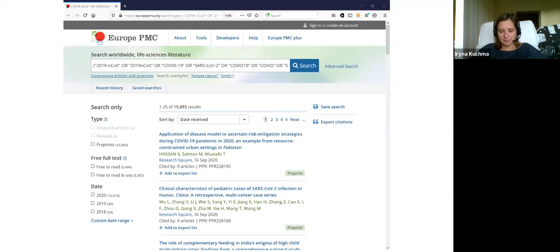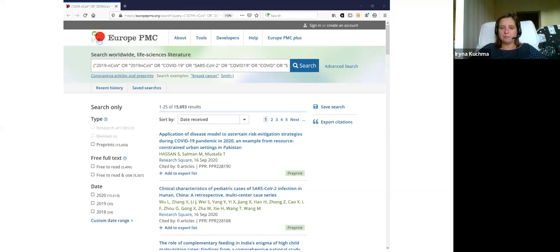And it was interesting that Europe PMC is a discipline-specific repository for life sciences, and in July this year, they started indexing preprints. So you can see an example of their COVID-19 collection, where they have over 15,000 preprints included in the search results. And of course, they are clearly labeled.